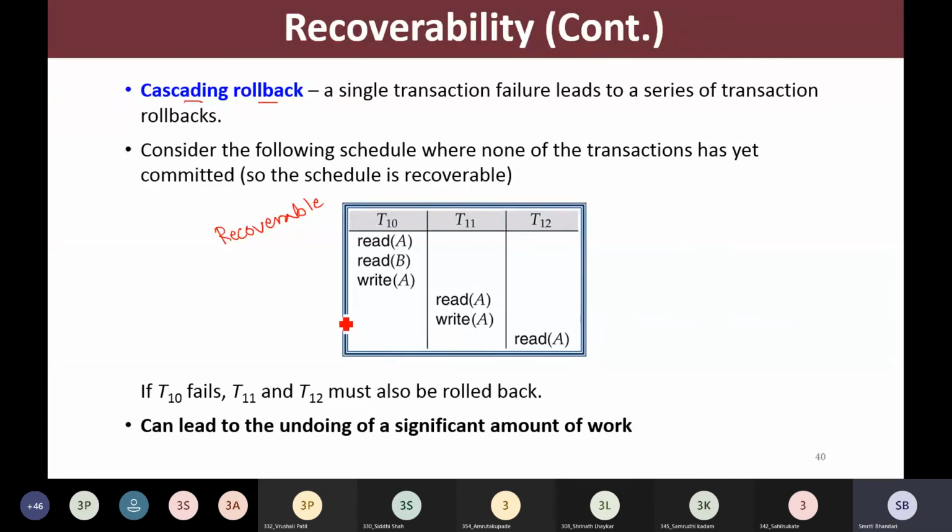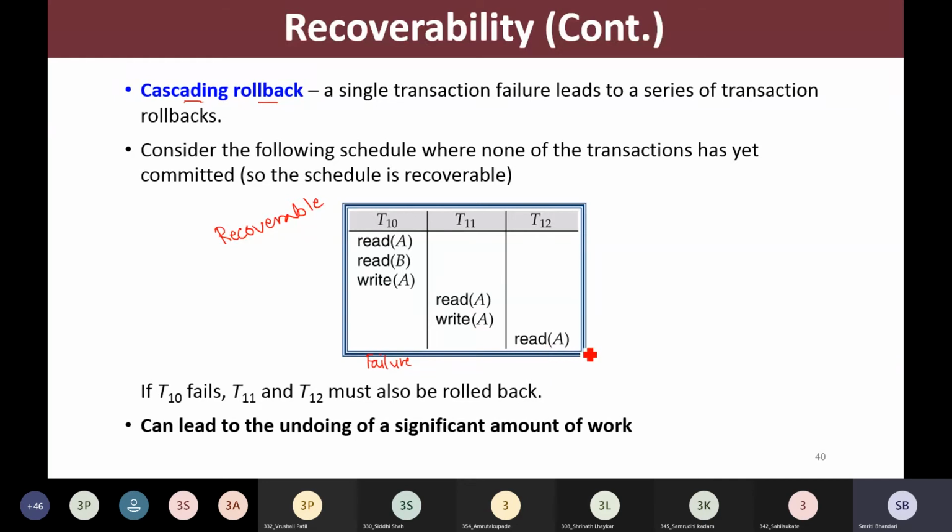But in this scenario, if T10 fails, what will happen? Whatever is written by T10 is being read by T11, and whatever is written by T11 is read by T12.